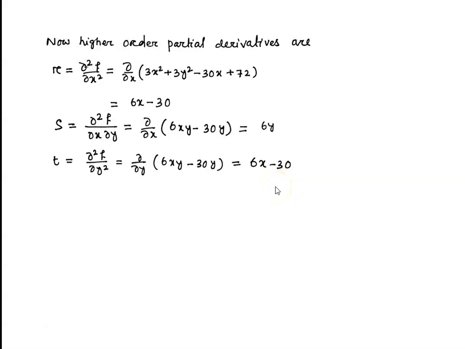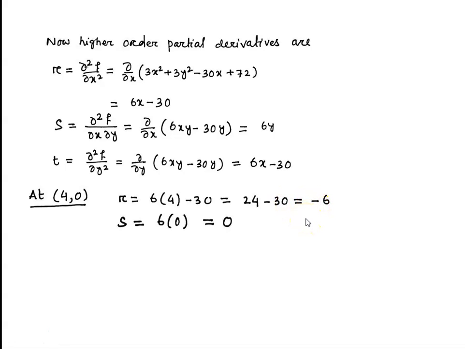Now let us evaluate these r, s, t at all those 4 points. So at the first point (4, 0), the value of r, our r is 6x minus 30. So 6 into x, our x is 4, minus 30, that is equal to 24 minus 30, which is minus 6.